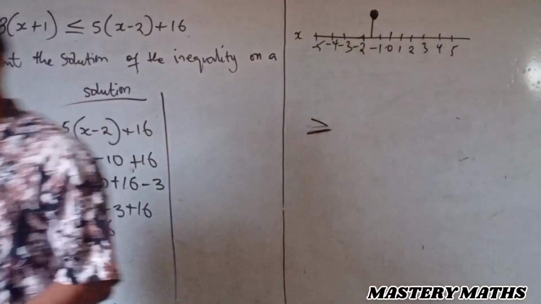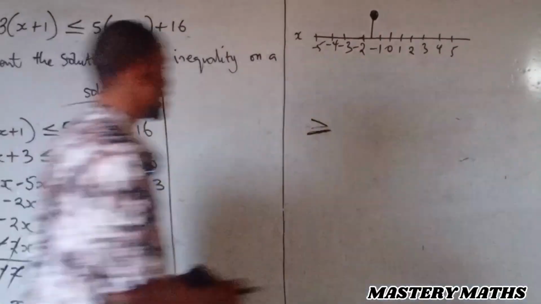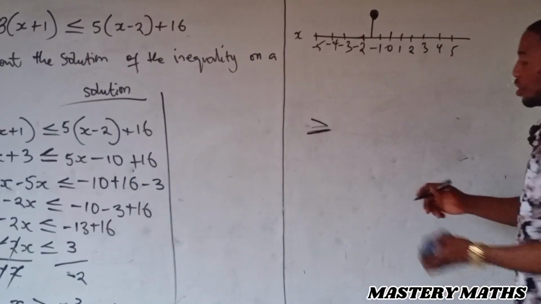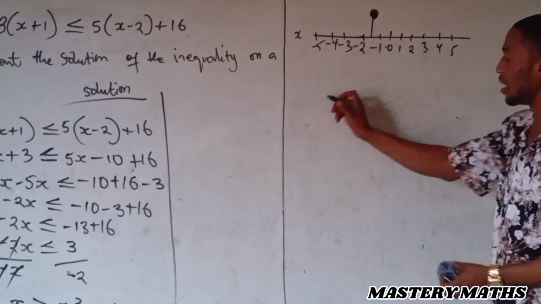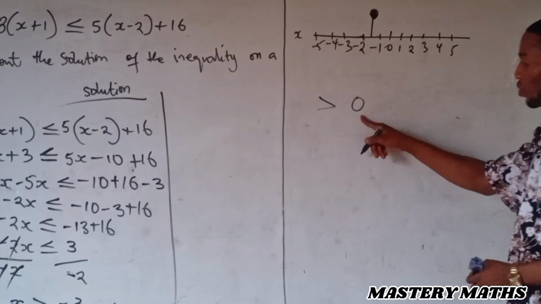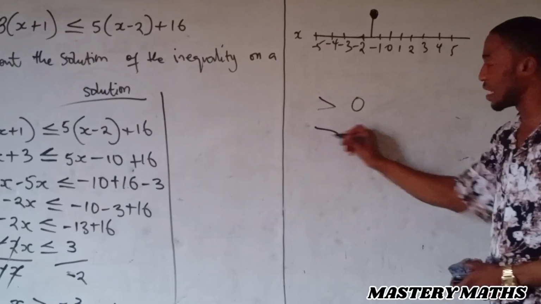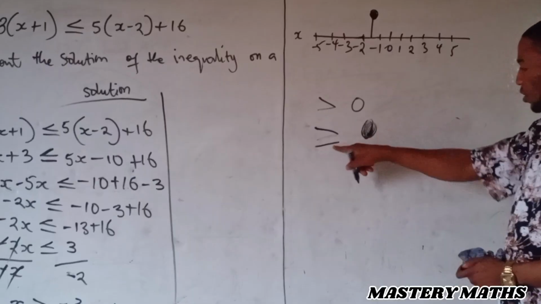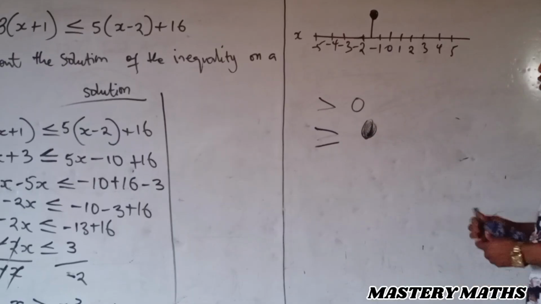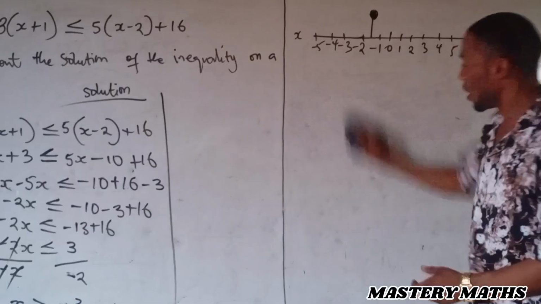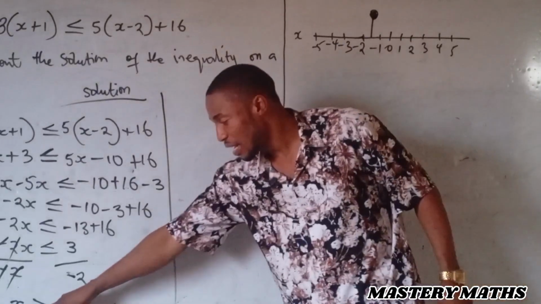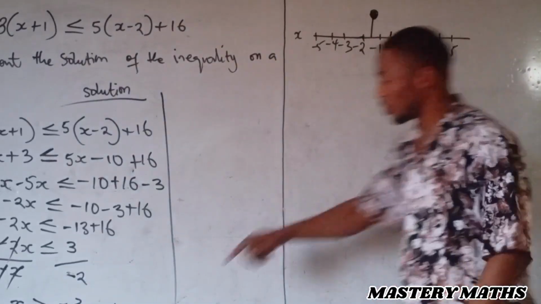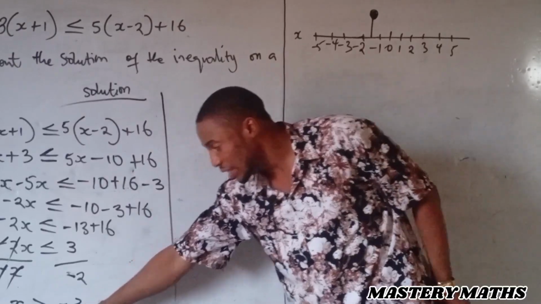If you have something like this, only like this, you leave it open, you don't shade. But if it has this, you shade. So if you watch our question, it has greater than or equal to. That's the reason I shaded, because of the or equal to under it.